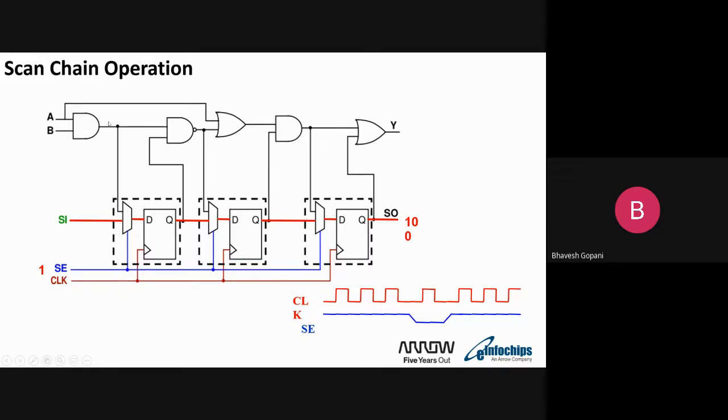So the wrong output will propagate, and that causes errors. Based on the errors, we reverse trace and find that this gate has some issue, and the issue is that the delay is more, so the transition is not happening properly.